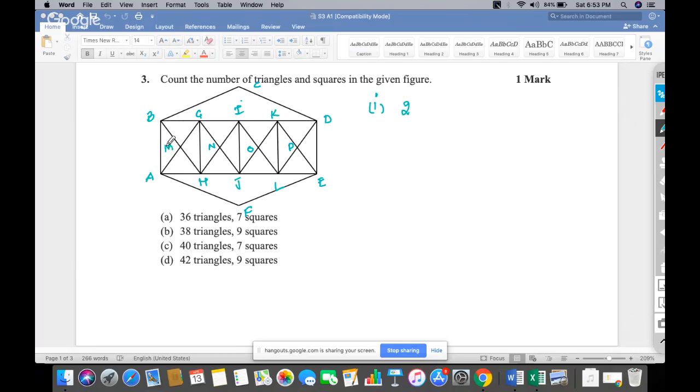Now 16 inside: 1 2 3 4 5 6 7 8 9 10 11 12 13 14 15 16. So 2 plus 16, with one component I'm getting 18 different simplest triangles. So how much do I get? I get 18.